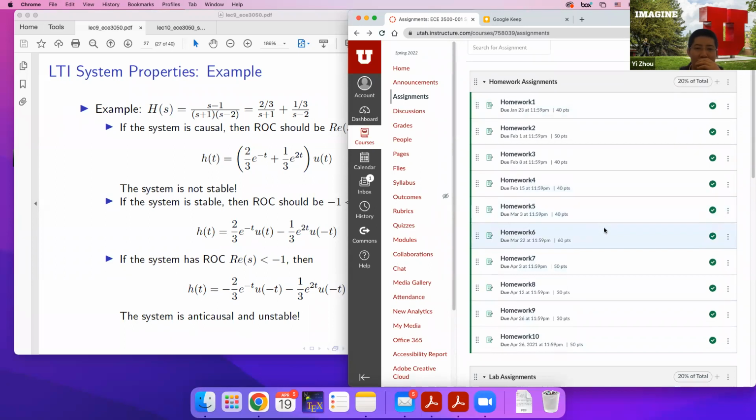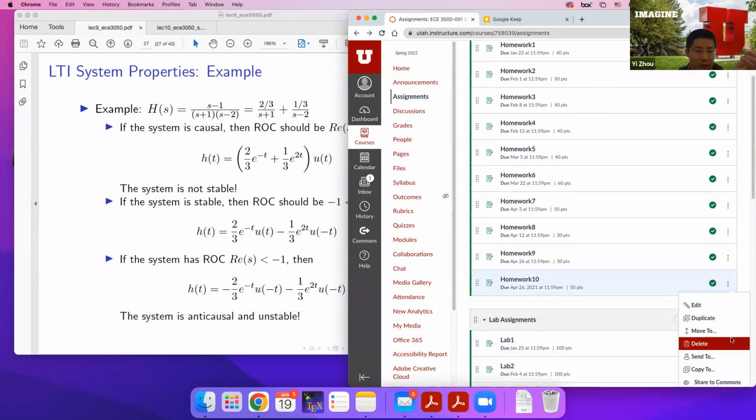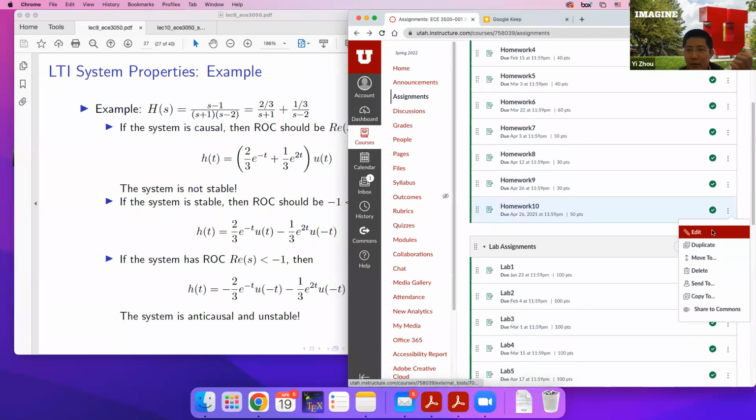How about we just remove homework 10? I'm going to post homework 10 and the solution online, and it will be included in the final exam.